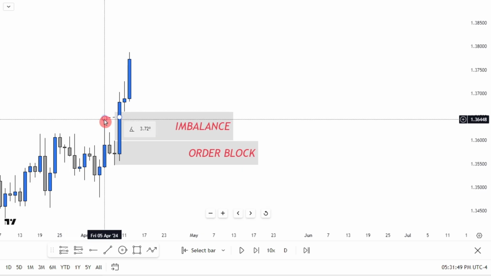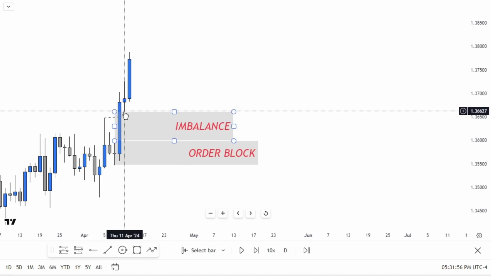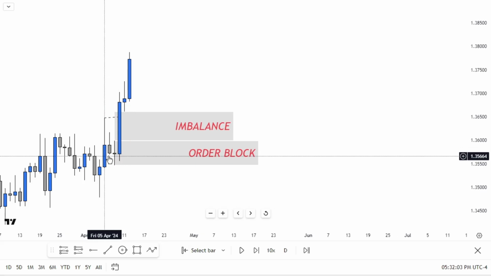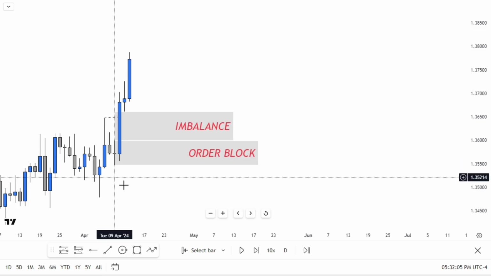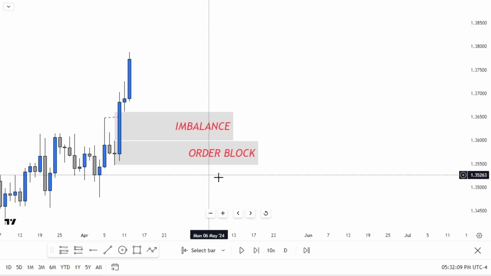You can see price broke structure, price made an imbalance, price did not return to this zone, and price swept liquidity from the previous candle. Now we can consider this a valid order block.